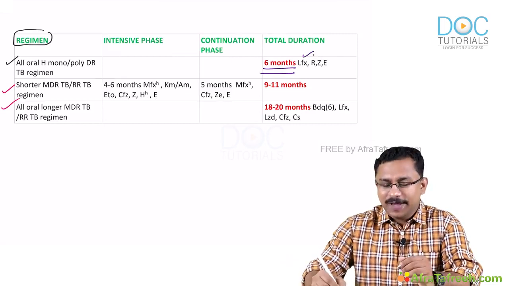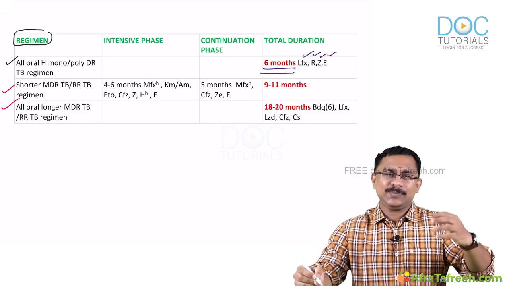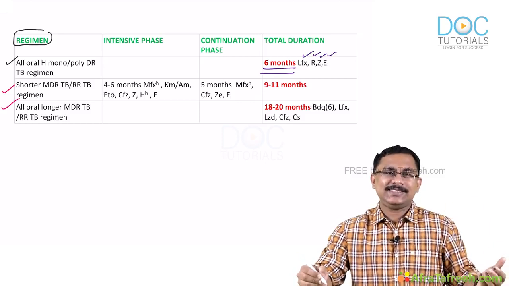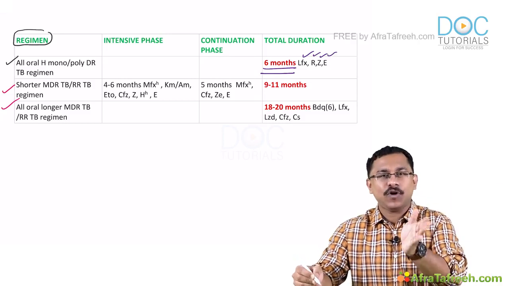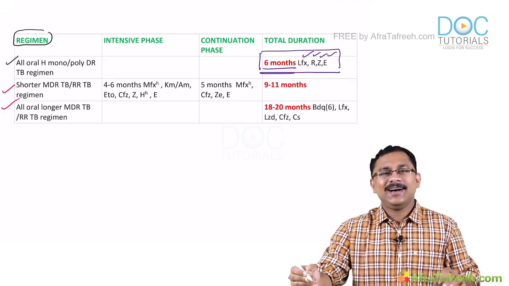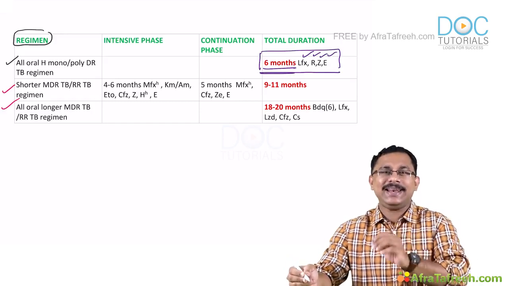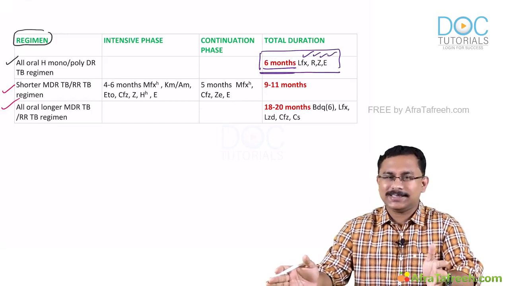Levofloxacin, rifampicin, pyrazinamide, ethambutol. Which means, suppose you just had an INH resistance, you are actually replacing INH with levofloxacin. So 6 months of levofloxacin, rifampicin, pyrazinamide and ethambutol. That is how you will treat INH resistance or polydrug resistance.